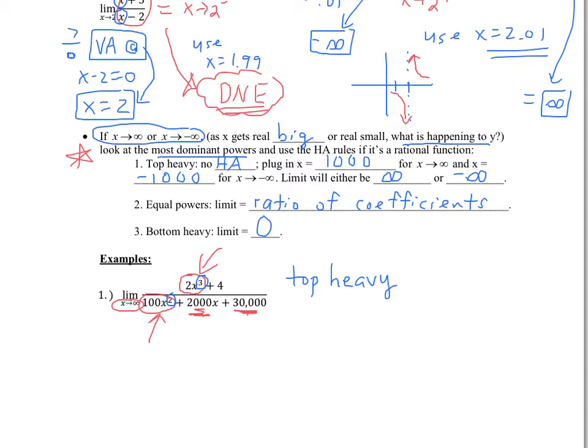Well, if I plug 1,000 into this up top, 2 times 1,000 cubed plus 4 is going to be something very large. Okay, this plus 4 is very insignificant. Likewise down here in the bottom, if I plug in 1,000, these other terms with smaller powers are not going to have as great of an effect as this 100x squared. If I plug in 1,000 there, where I see an x, square it, and then multiply it by 100, you're going to again have something that's very, very large. So overall, our limit here would be approaching positive infinity.